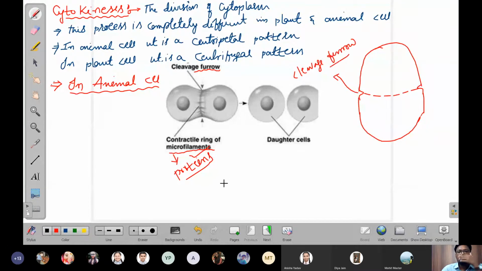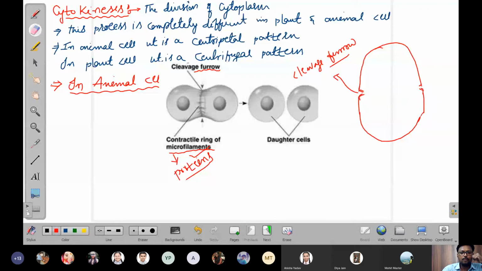cleavage furrow, and gradually this cleavage furrow goes deeper from peripheral to the inner side, and because of this what will happen, it just looks like this, and then finally the two cells get separated.